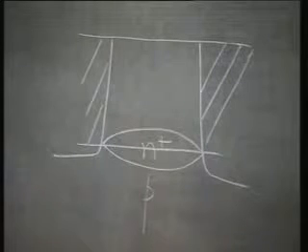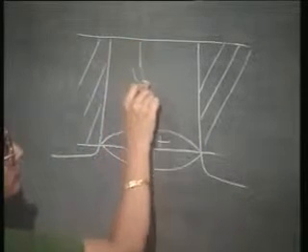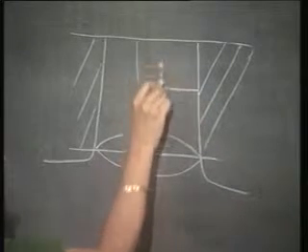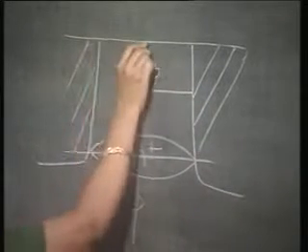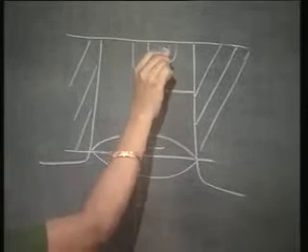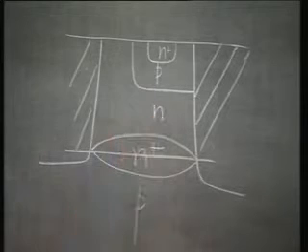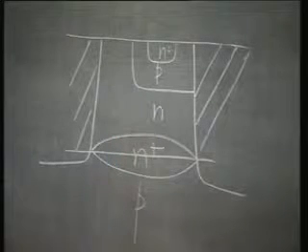And then I have the P base region, and then I have the emitter. So, this N plus PN is actually my transistor, right.